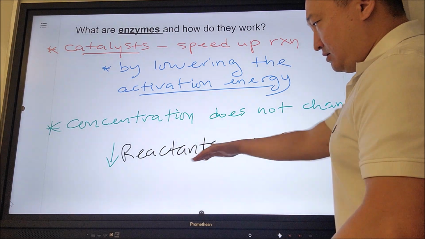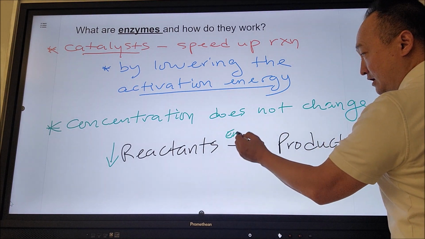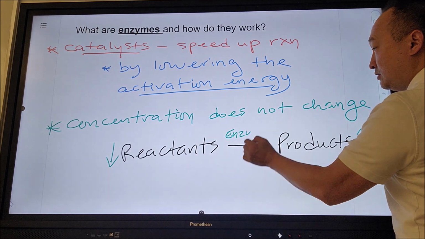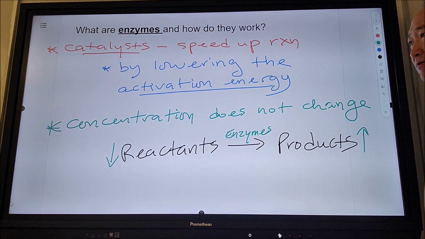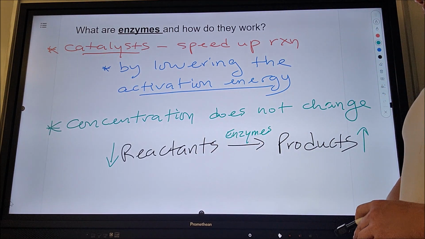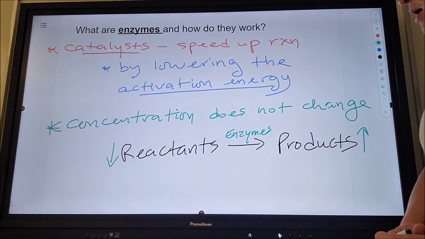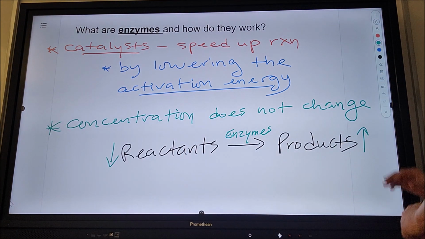Enzymes are not reactants nor products. So oftentimes you'll see them written on the arrow to indicate that they're not being used up. All right, so the amount of enzymes you have at the beginning of the reaction is the same amount that you have at the end.